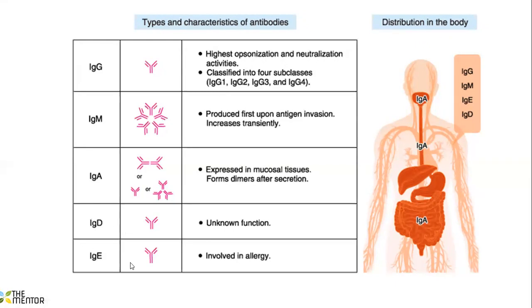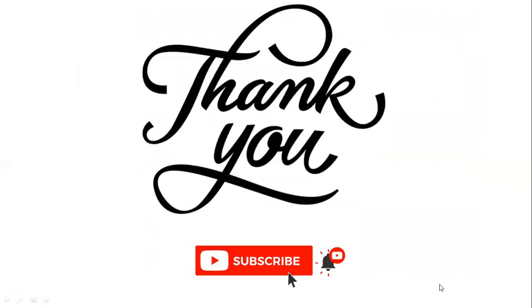And then we know IgE is involved in allergy. It's also a monomer, and it is involved in helminthic infections. This shows just a brief distribution in the body. IgA is in secretions and lining the mucosal surfaces. IgE and IgM are mostly found in serum and other tissues of the body.